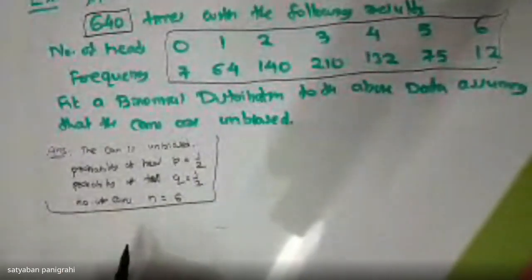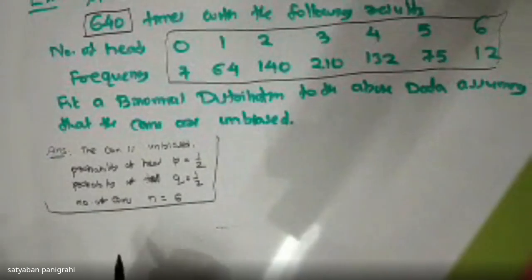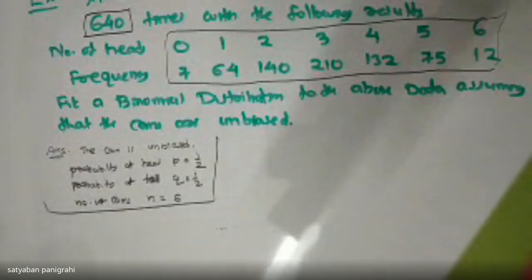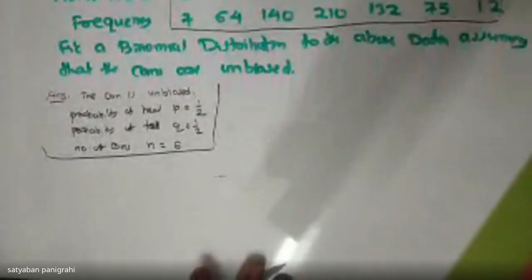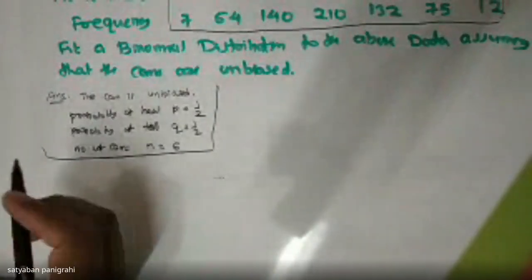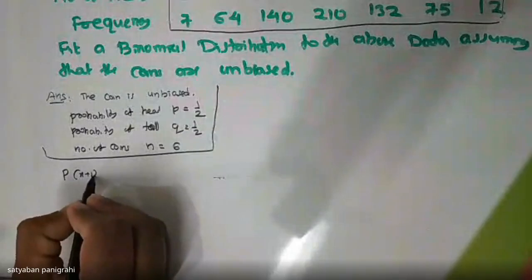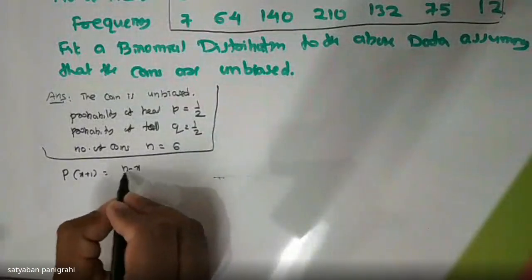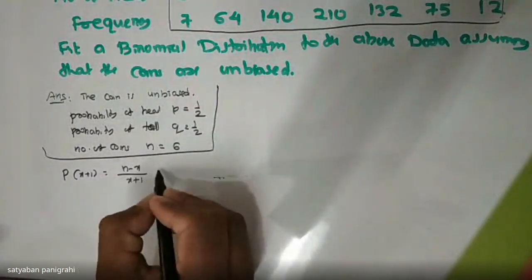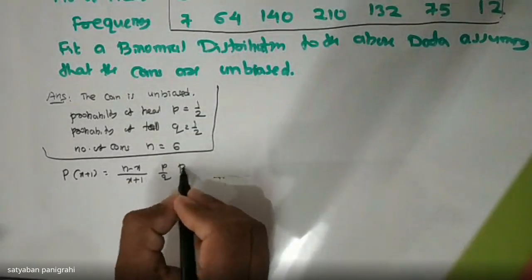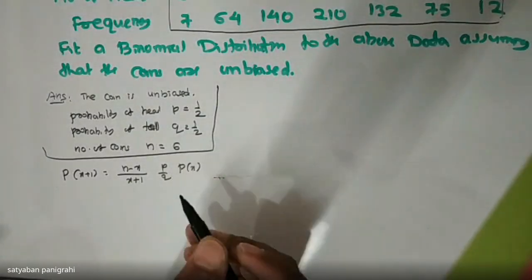So knowing this, as we know the recurrence relation for the probability distribution: P of x plus 1 is (n minus x) divided by (x plus 1) times P by Q times P of x.